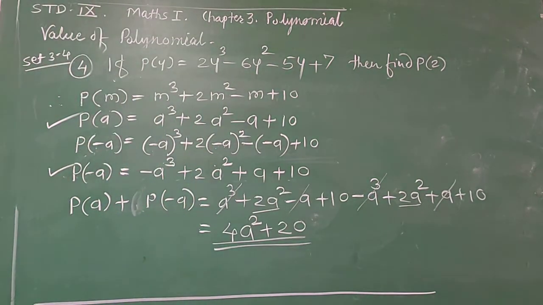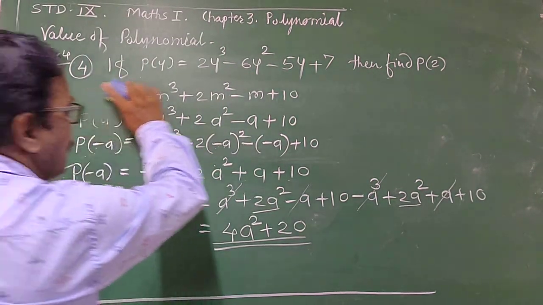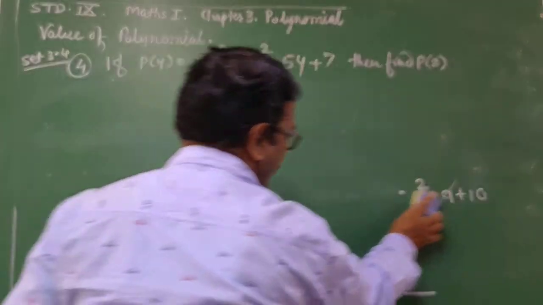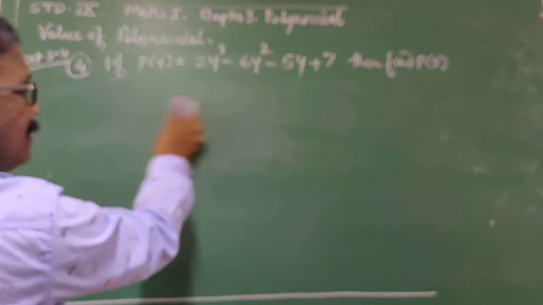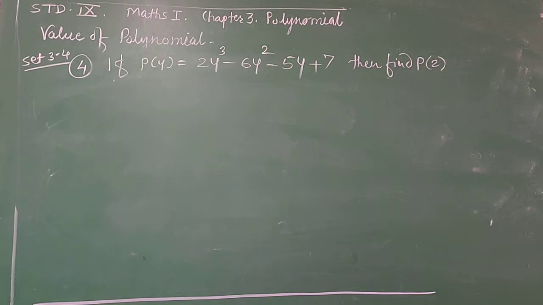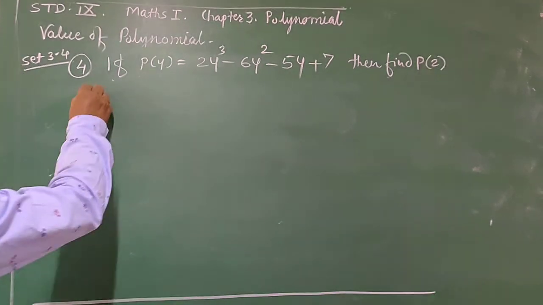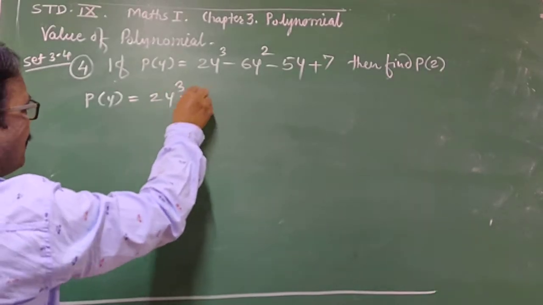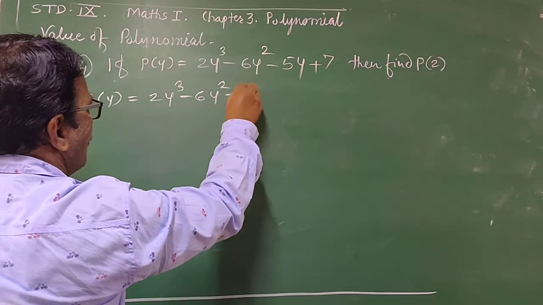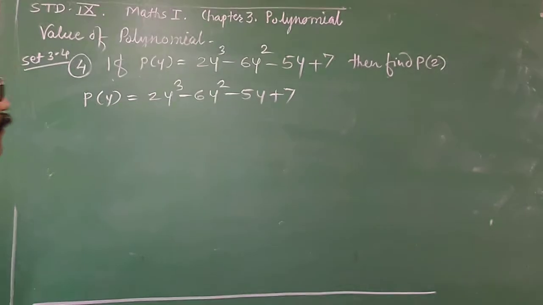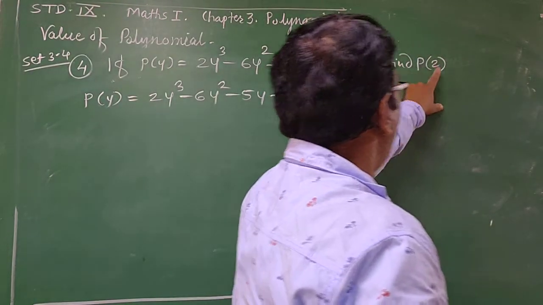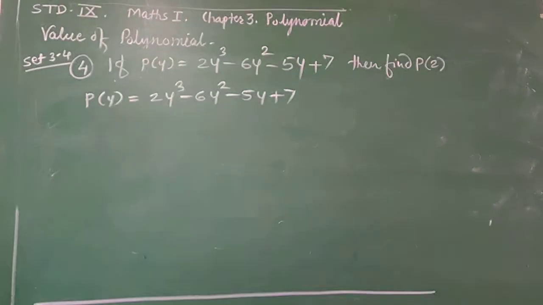We have to solve same example putting value of variable is 2. So p(y) be the given polynomial, p(2), put value of y 2.